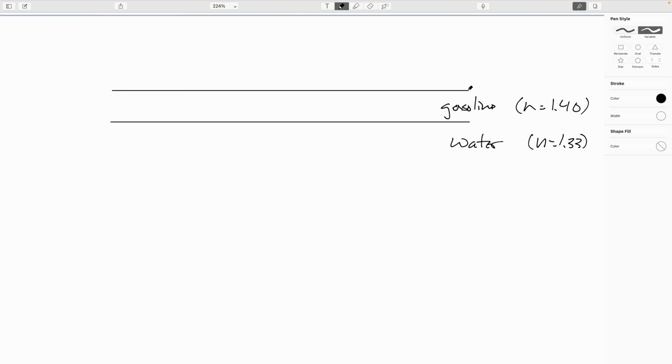And then you have air. Index of refraction close enough to 1 for us. So when the light comes in, here we're bouncing off a higher index, so we'll have our phase change. This bit goes through, but the bit that bounces here will not have a phase change.